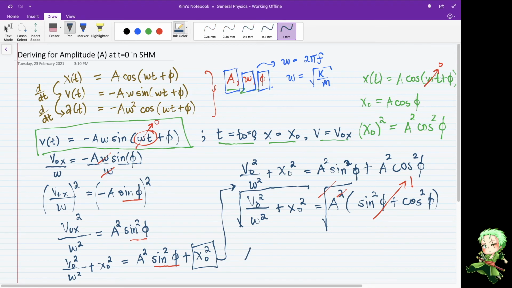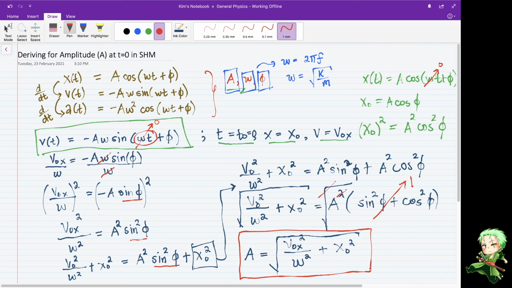So your amplitude A is now equal to the square root of v naught, meaning the initial velocity at time t equal to 0, over omega squared, your angular frequency, plus x naught squared, your initial position at time t equal to 0, squared. So this is our equation for amplitude whenever we solve for cases in simple harmonic motion where we set the time t equal to 0, or the initial instant.